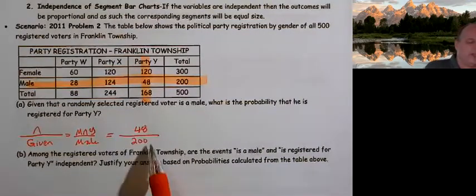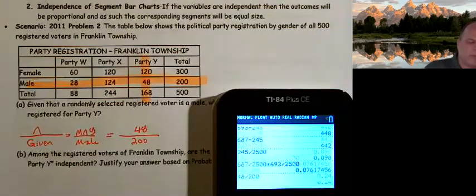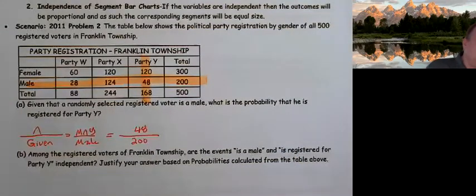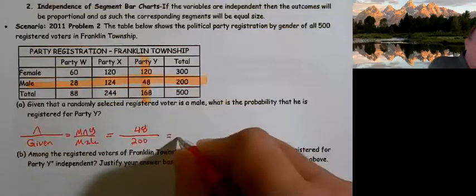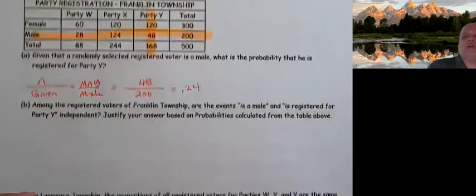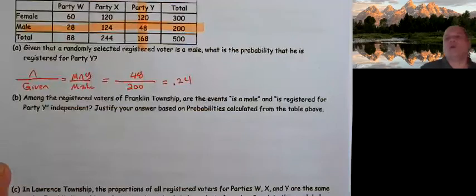Okay. So thank you. So 48 out of 200. All right. So did I do that right? Yes, I did. So 48 out of 200 is 0.24. Among the registered voters for Franklin Township, are the events is a male and is registered for Party Y independent?